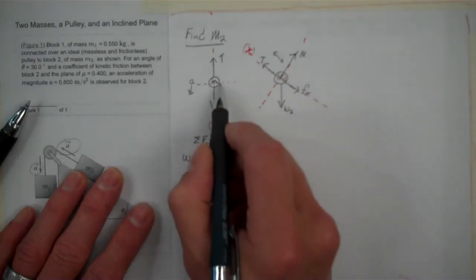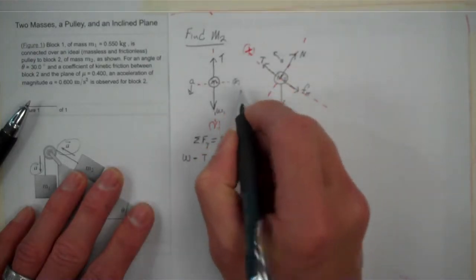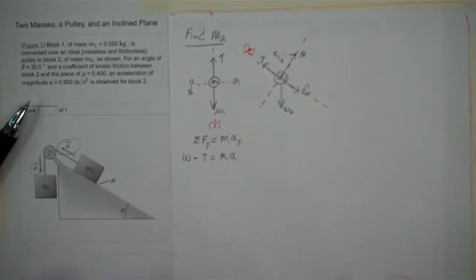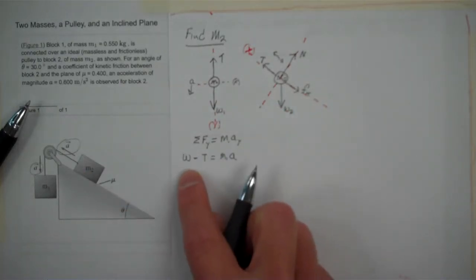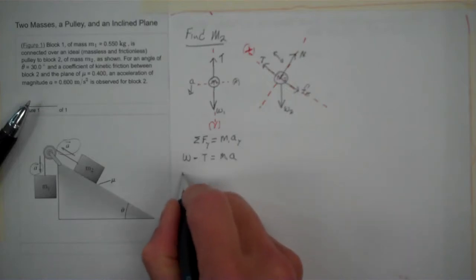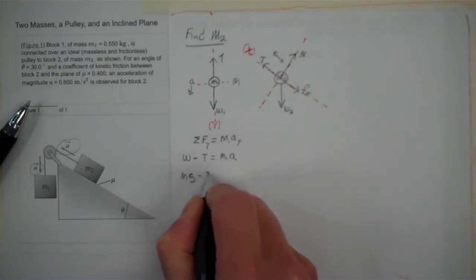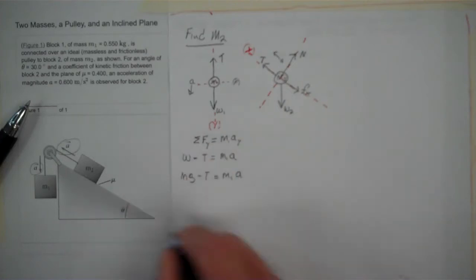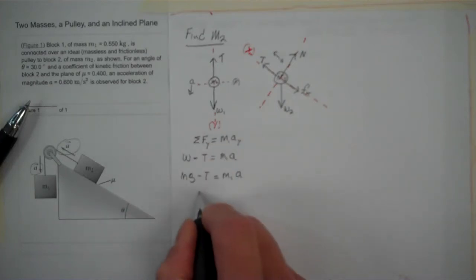AX on this item would be 0 over here, because all the A's this way. All right, I can expand this W, that's mg. mg minus T equals M1A.